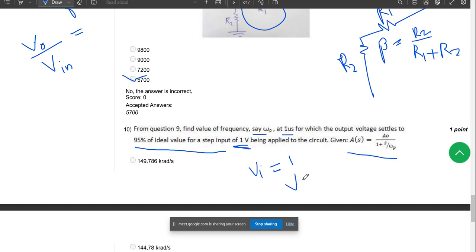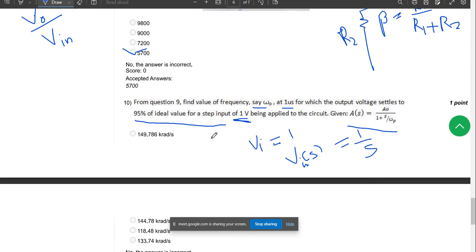So in terms of Laplace, V input of S will become 1 by S. Now try to solve this question. Try to find out omega p, where t is equal to 1 microsecond.